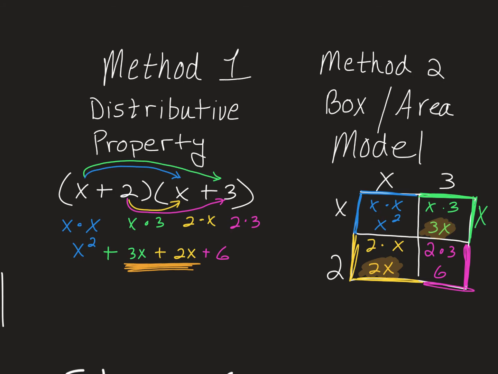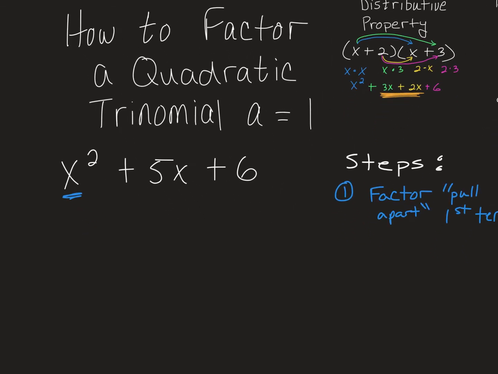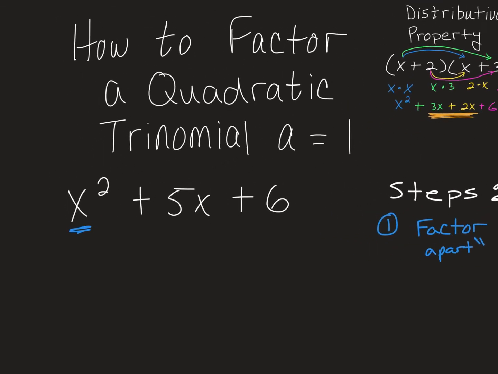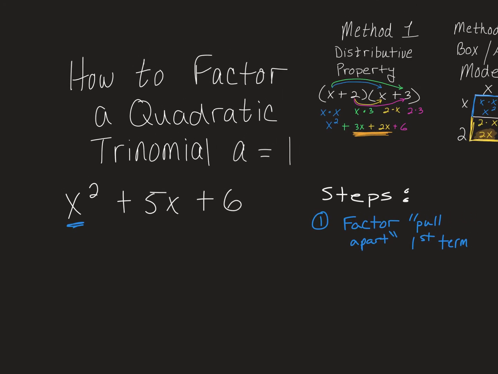So we multiplied an x times an x, and we got x squared. So this time we're doing the opposite of multiplying those together. We're going to unmultiply them. We're going to pull those two x's apart so that they're going to be an x and an x.